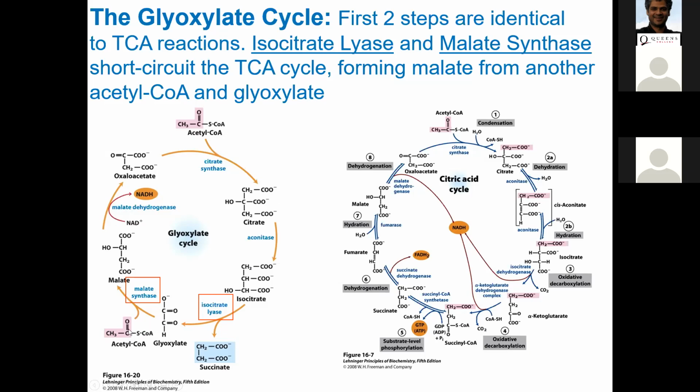You make a 2 carbon plus 2 carbon, a 4 carbon molecule, malate, L-malate more technically speaking. That carbon is chiral. Then malate dehydrogenase, an enzyme you already know, converts malate to oxaloacetate, and that's how the cycle runs.